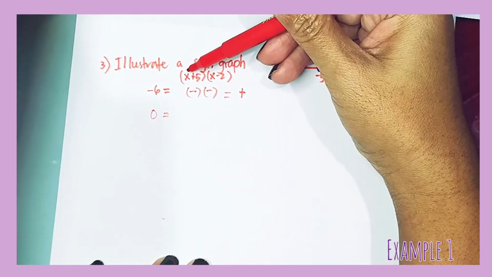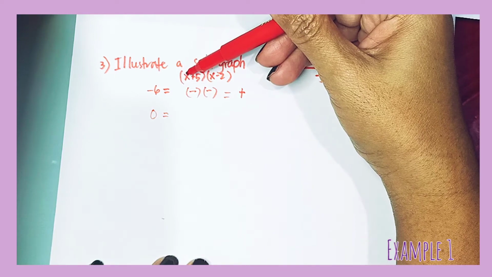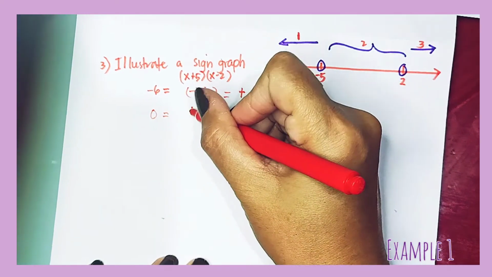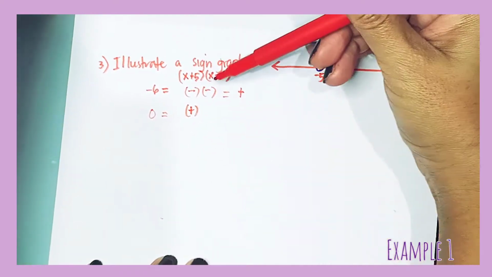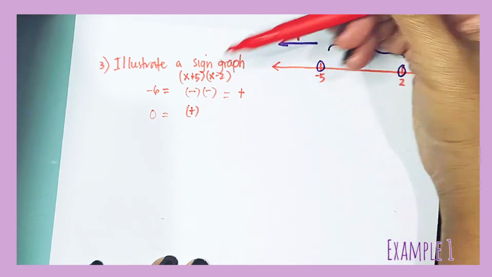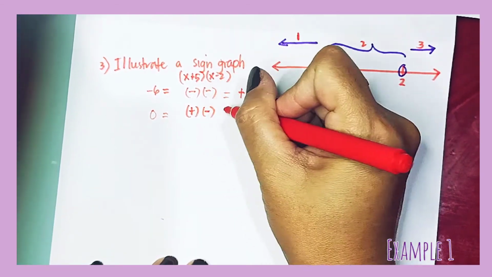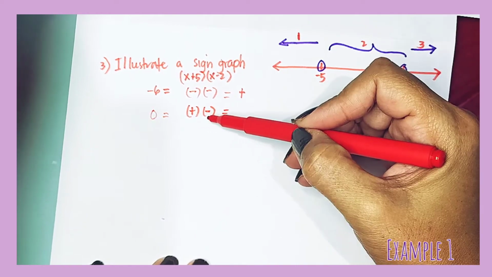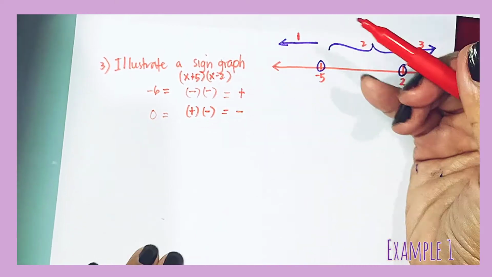We substitute it also: if x is 0, then 0 plus 5 is positive 5, so you have positive. And then, if x is 0, 0 minus 2 is negative 2, that is a negative. So, your answer is positive times negative is negative.